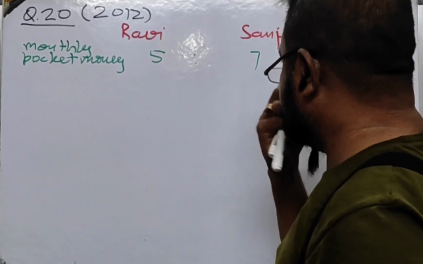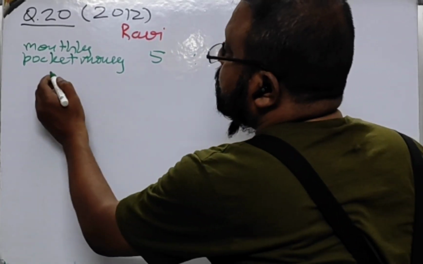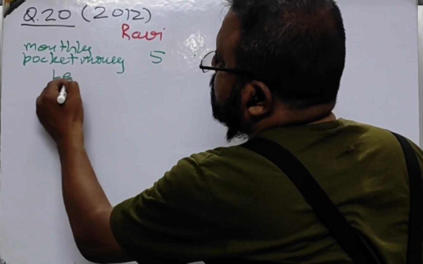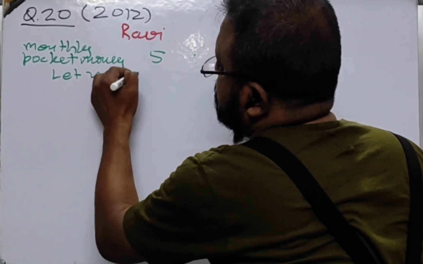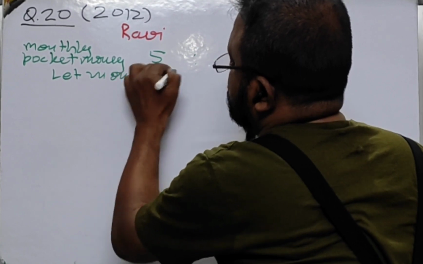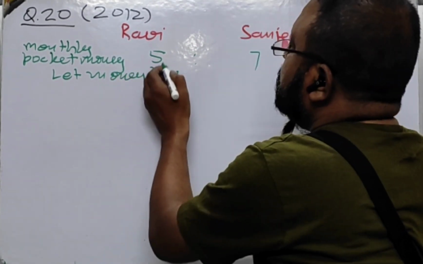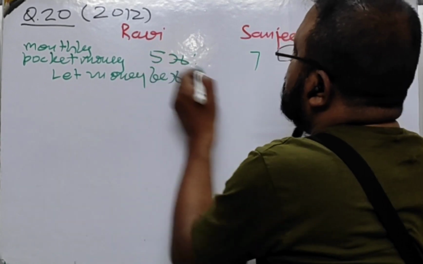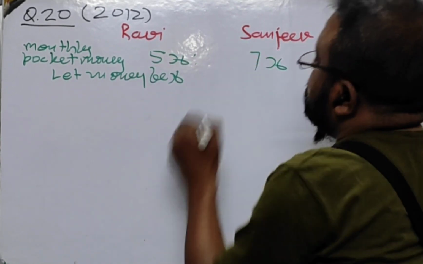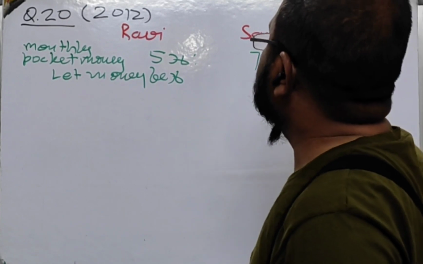Very nice. So let the money be x, then Ravi gets 5x and Sanjeev gets 7x, right?